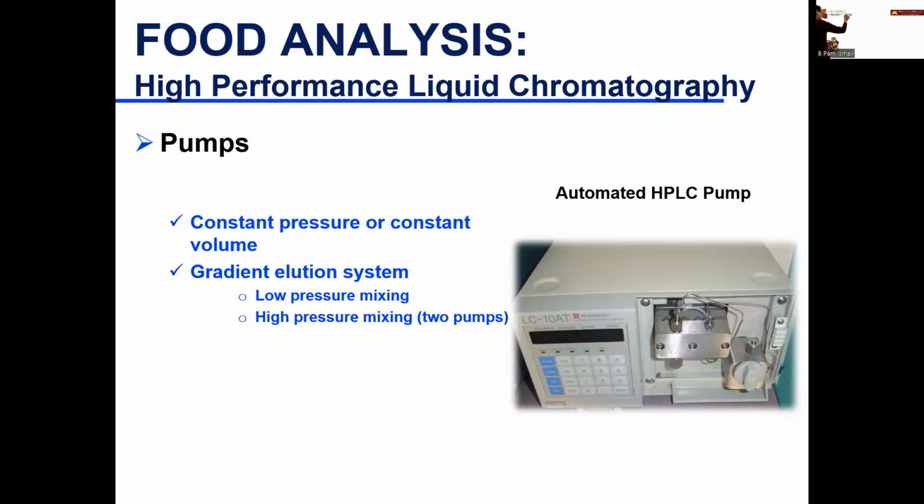We call this high pressure mixing because they are pumped under pressure. And then you have channels in there that allow the mobile phase to mix really well. And out of here, you get a very homogeneous mobile phase.